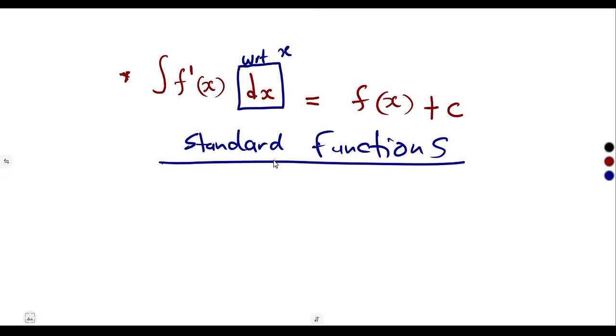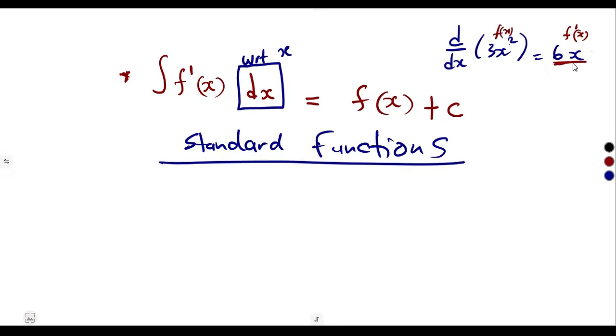Remember, we had to differentiate with respect to x. Let's say we are given 3x squared. If we differentiate, remember the concept, you drop the exponent, 2 times 3, which is 6, then you subtract 1, and you get 6x. This is our derivative, and this is the f of x that we had.